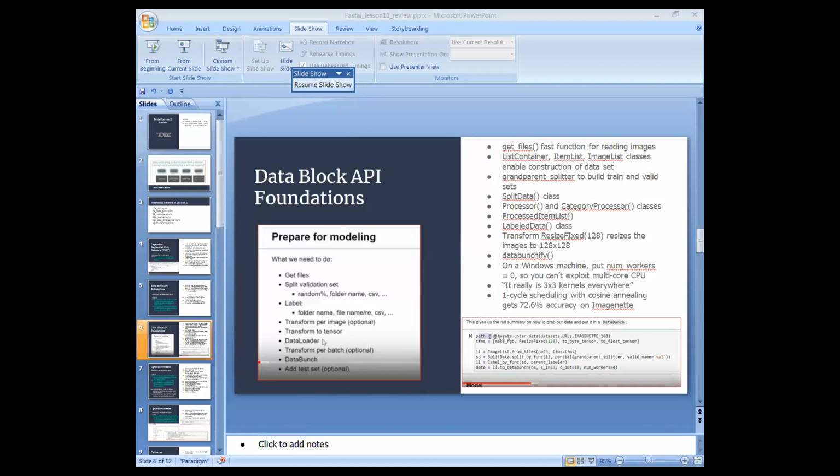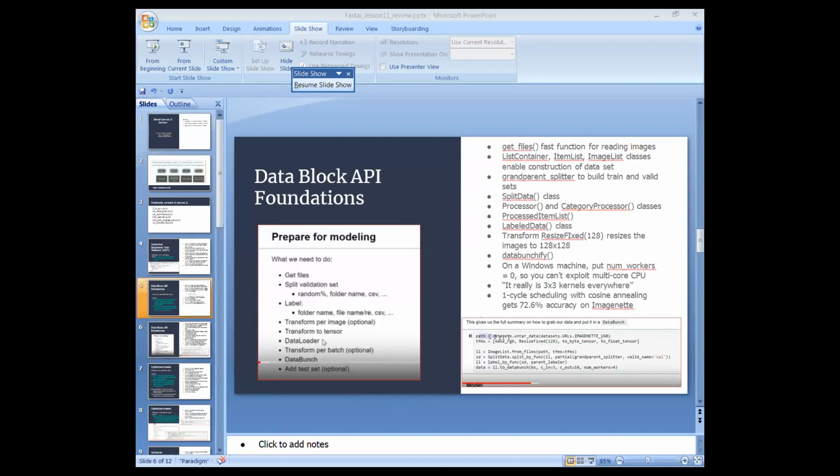And then once you're done with that, you put everything together into an object called a data bunch. And that data bunch has all these methods and properties that the modeling API knows about. So it's kind of like a smooth interface with the modeling API from Fast.ai.